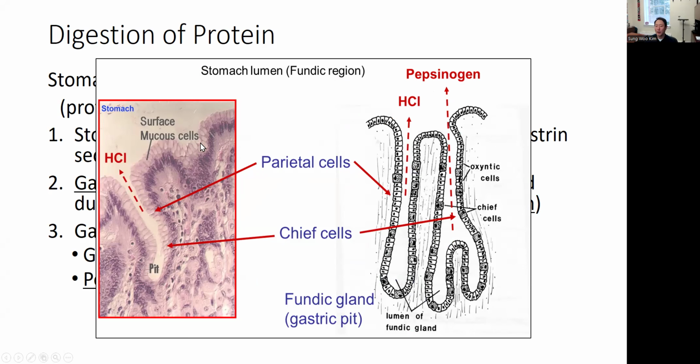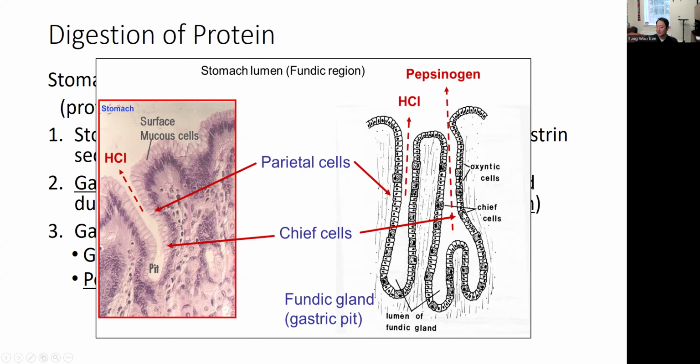If I show you a close picture of the gastric pit or fundic glands found in the fundic region, the main part of the stomach, you can find parietal cells and chief cells. The parietal cells will secrete hydrochloric acid into the space in the pit, and it will be secreted into the lumen of the stomach.